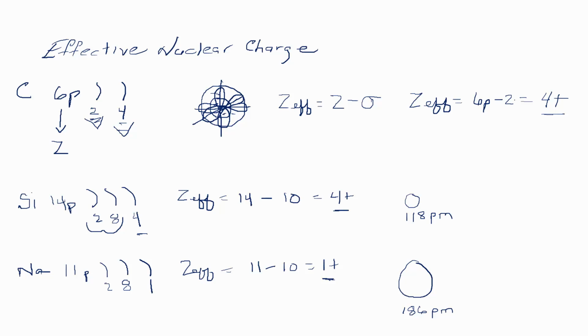So what I find most students have trouble with is they say, well, generally when you add more of something, it gets larger. In this case, we're not just talking about mass. We are talking about the volume of the atom, and what determines the volume of the atom is the electrons.